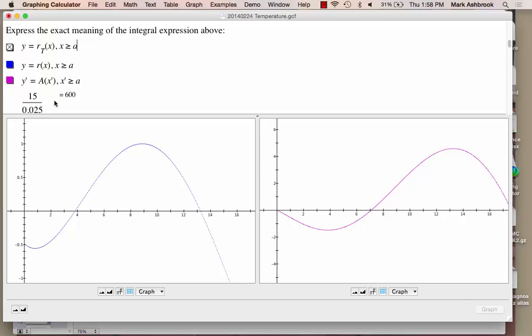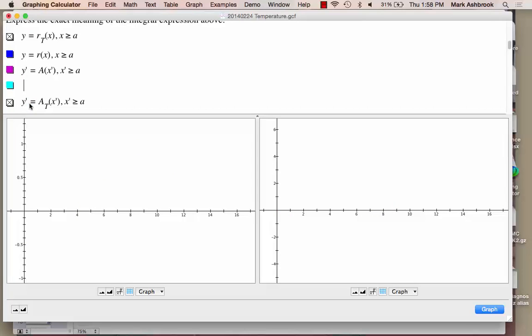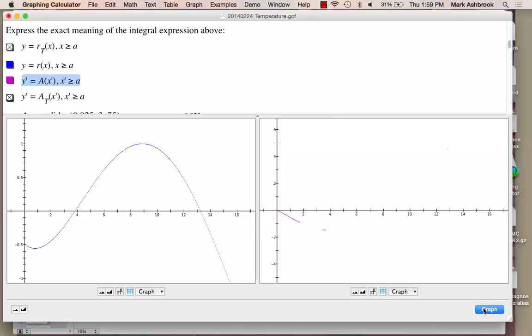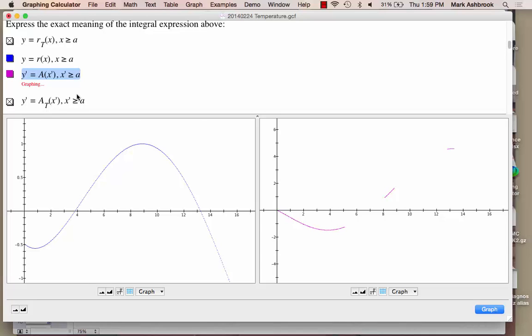All right, so here is the exact accumulation function. This is the one you had to write on your quiz. We'll show it in a second. But here it is, and so if I show, okay, so if I turn on the exact accumulation, how is it going to compare to the pink one?